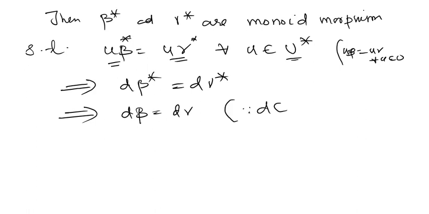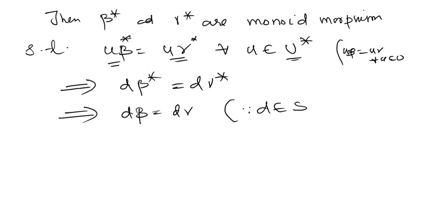Because D can't be equal to 1. Okay, yeah, D can't be equal to 1, because in case D is equal to 1, then obviously they are equal.